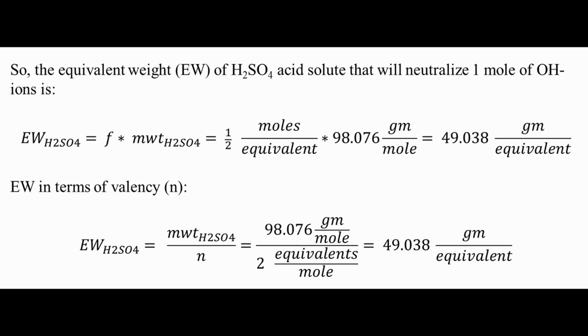So we can calculate the equivalent weight EW of H2SO4 acid solute that will neutralize 1 mole of hydroxide ions. Equivalent weight equals F times molecular weight of H2SO4 equals 1/2 moles per equivalent times 98.076 grams per mole equals 49.038 grams per equivalent.